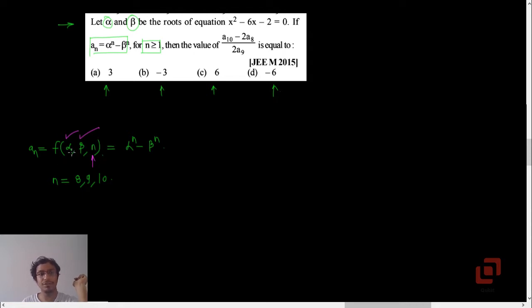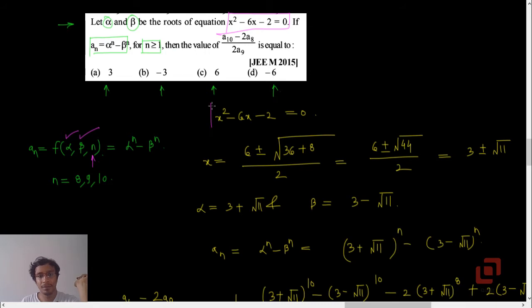So our first job will be to find out the values of alpha and beta, that is the roots of the given quadratic equation. So let us do that. First, you should write down the given quadratic equation carefully and then apply the quadratic formula. So minus b will be plus 6, plus or minus root of b squared is 36, minus 4 into a into c.